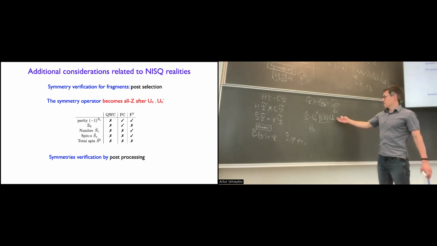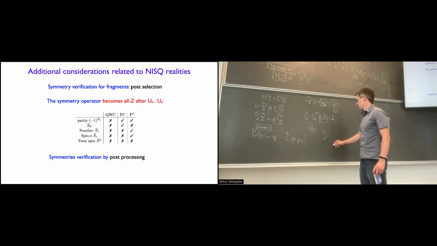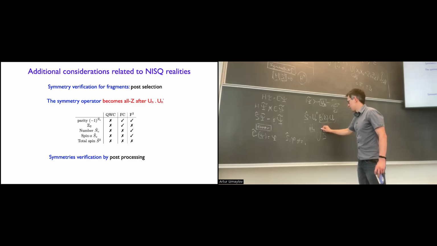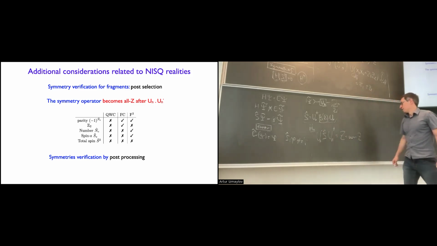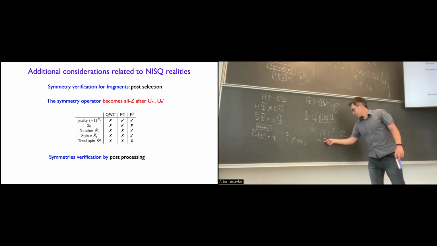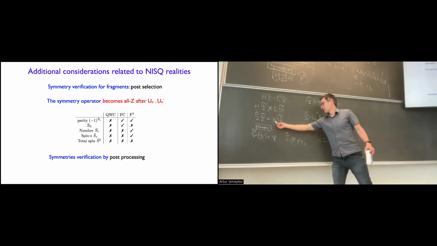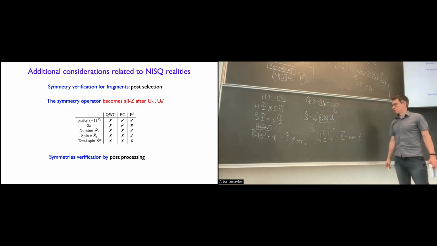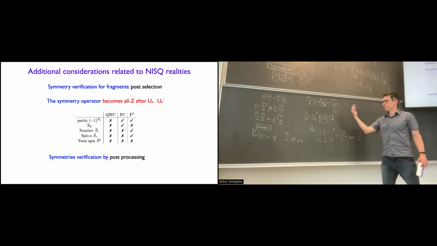Okay, if that is not going to happen, if the symmetry operator, after applying the unitaries this way, contains the z part plus a non-z part, well then you cannot really know what the symmetry eigenvalue would correspond to for the system that you are measuring, right?